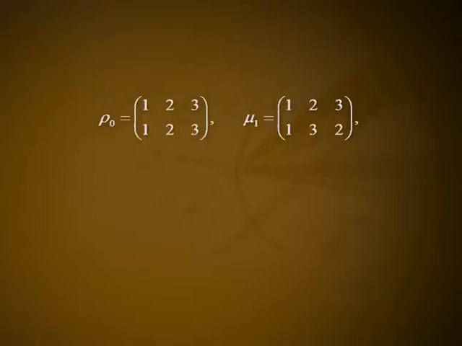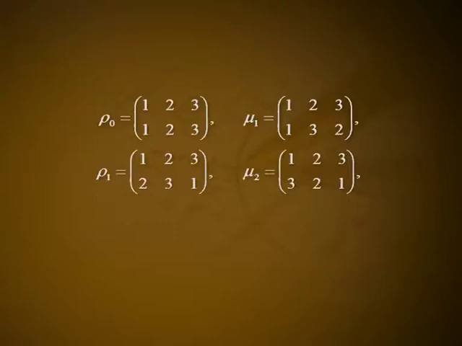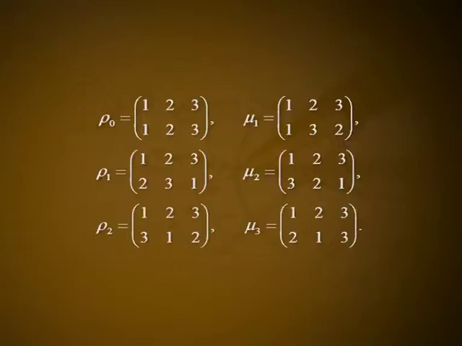Mu 1 is equal to 1 to 1, 2 to 3, 3 to 2. Rho 1 is equal to the permutation 1 to 2, 2 to 3, 3 to 1. Mu 2 is equal to the permutation 1 to 3, 2 to 2, 3 to 1. Rho 2 is equal to the permutation 1 to 3, 2 to 1, 3 to 2. Mu 3 is equal to the permutation 1 to 2, 2 to 1, 3 to 3.